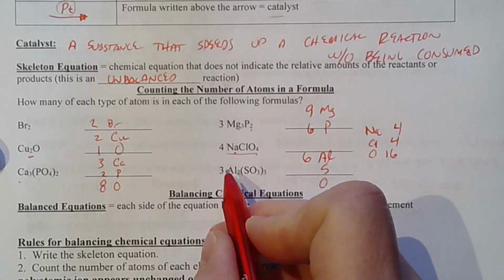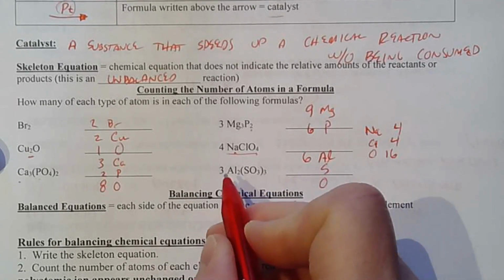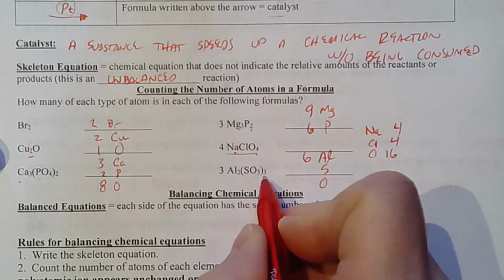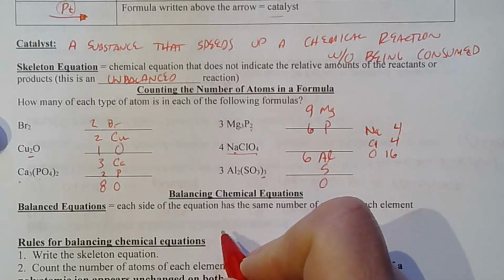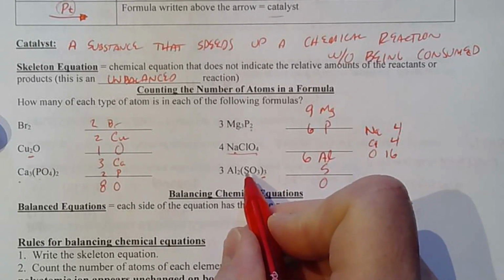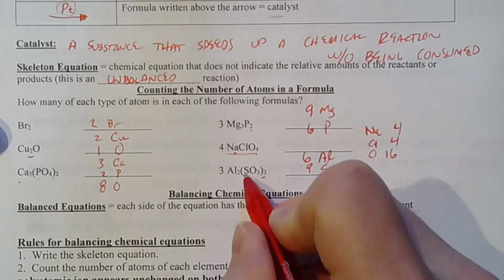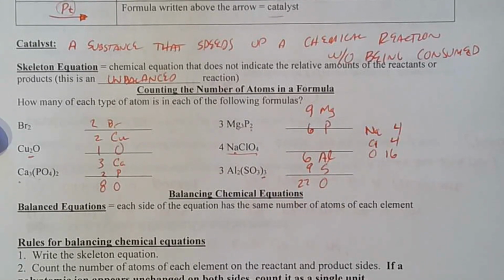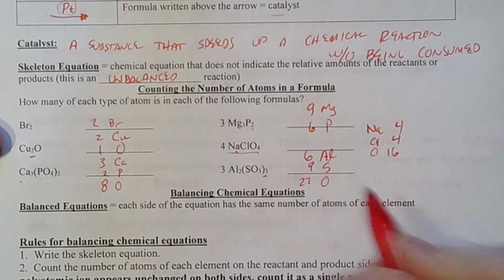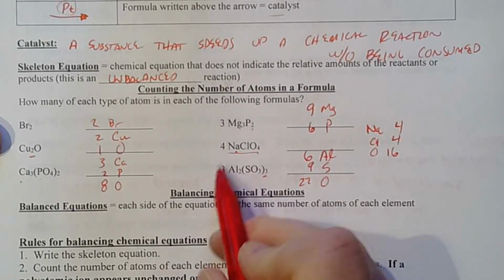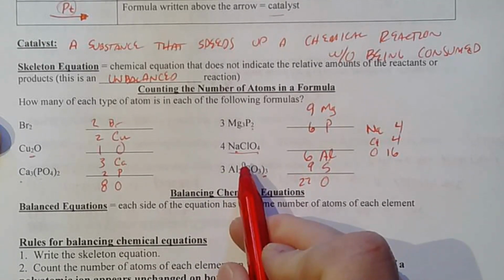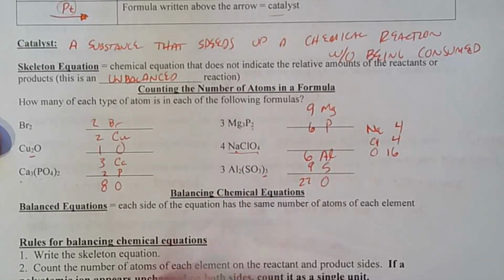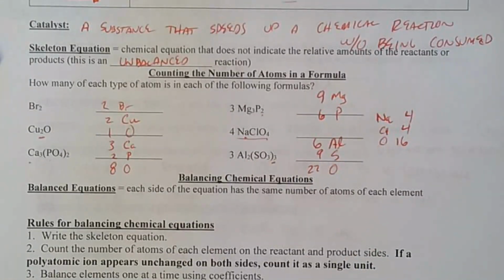So basically, in 3 of these particles, you have 3 times 3, 9 sulfite ions. So 9 sulfite ions represents 9 sulfur and 27 oxygens. Okay, so these are the ones that possibly give folks a little more trouble as far as trying to figure out how many atoms are represented by everything in the formula with coefficients involved.